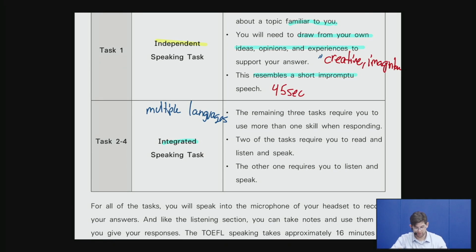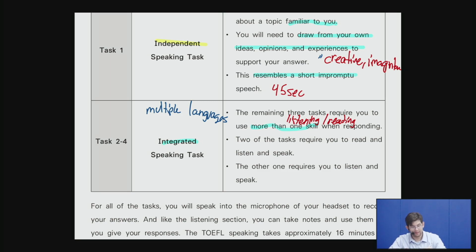In tasks 2 through 4, once again, these tasks are putting skills together. We're combining, integrating skills together. So we're using more than one skill. The skills we do use are going to be our listening and our reading skills. We have to use both of these to get through our integrated tasks. So you'll be reading, listening, and thinking.